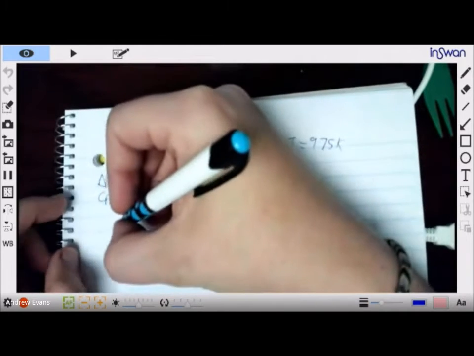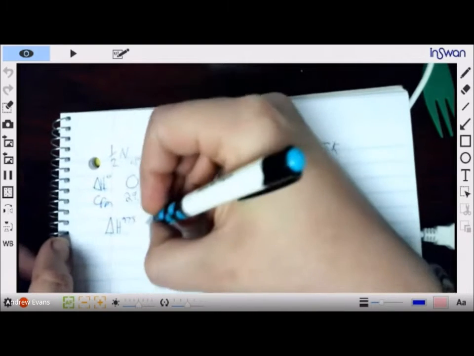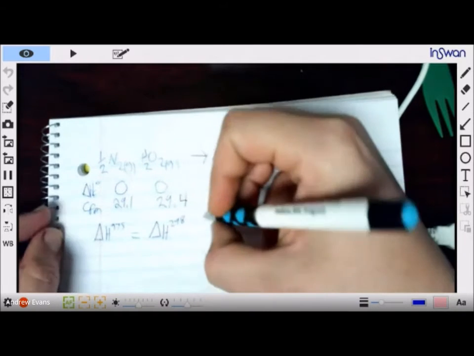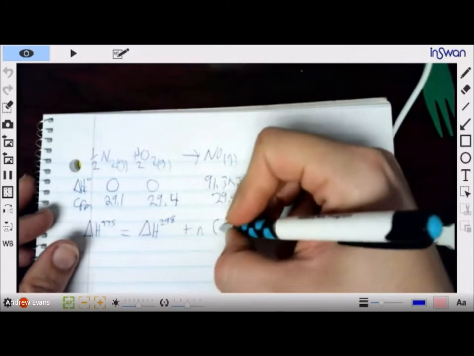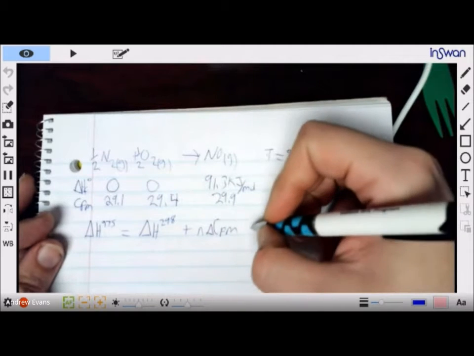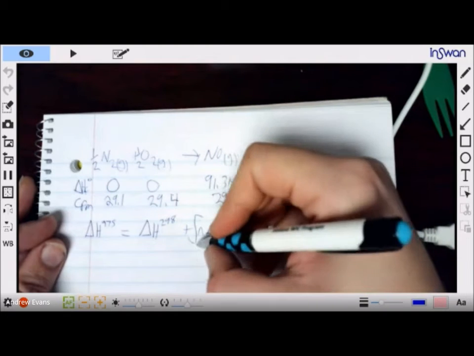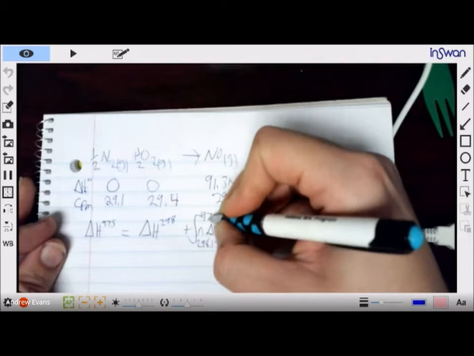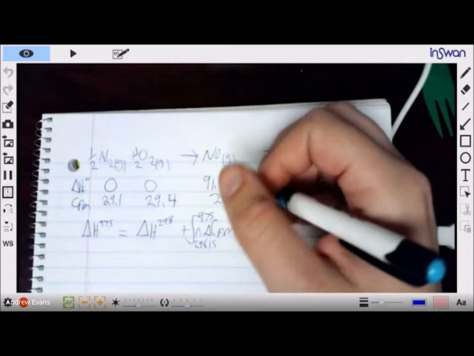That delta H at 975 is going to be equal to delta H at 298 plus the integral of n delta C sub P sub M dT. We have to integrate that from 298.15 to, in this case, 975. Now, because these are all constants, it makes it a little bit easier.